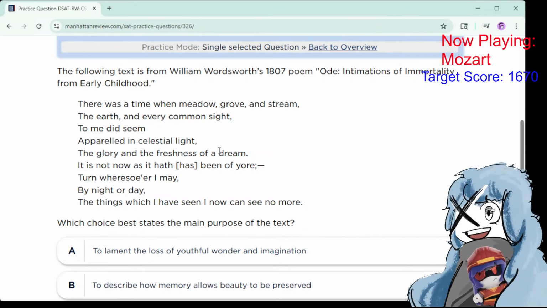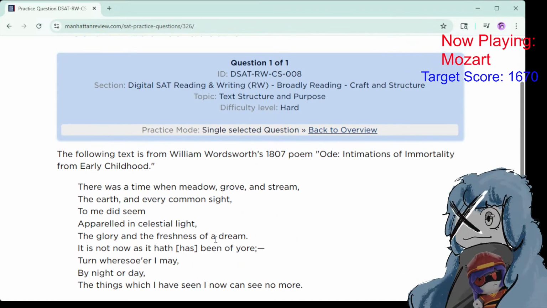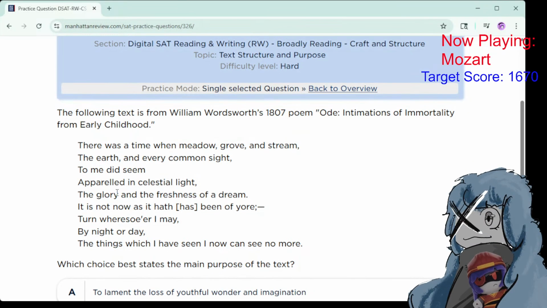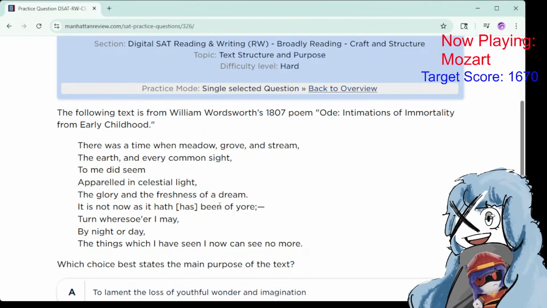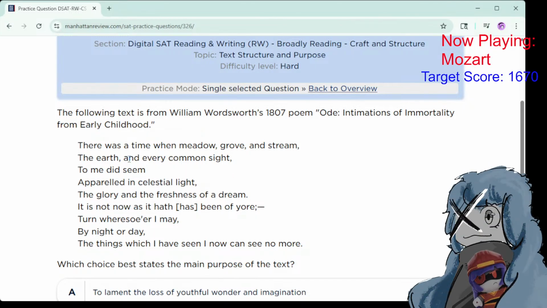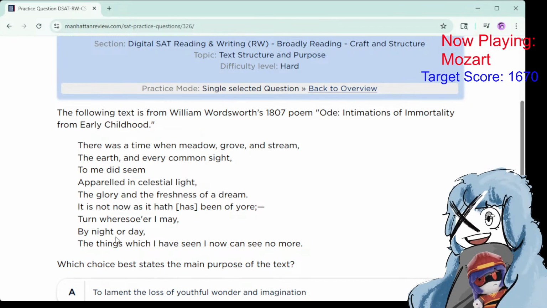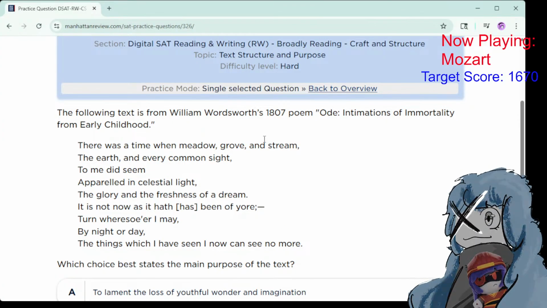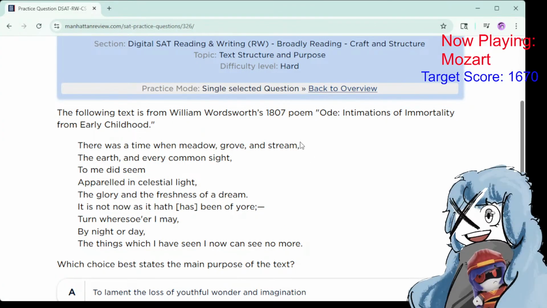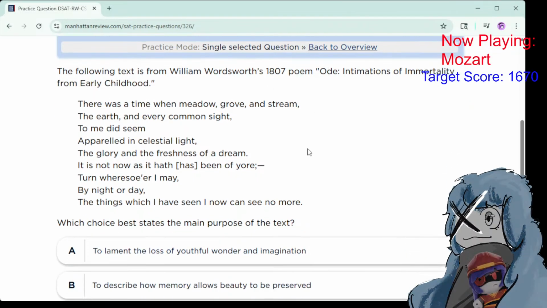The glory and the freshness of a dream, how glorified and fresh. It is not now as it has been of yore. What is yore? Turn wheresoever I may, by night or day, the things which I have seen, I now can see no more. So he can no longer see the things he could see in his early childhood.